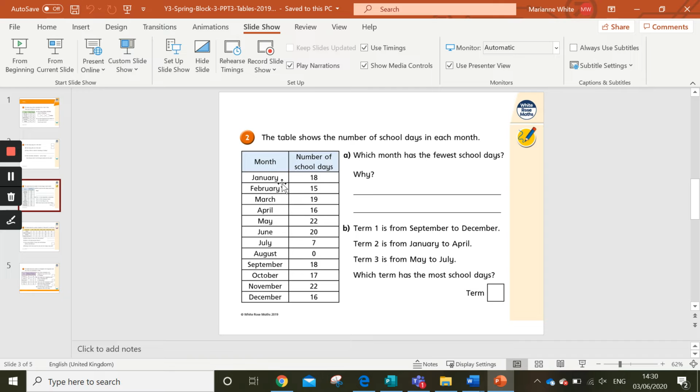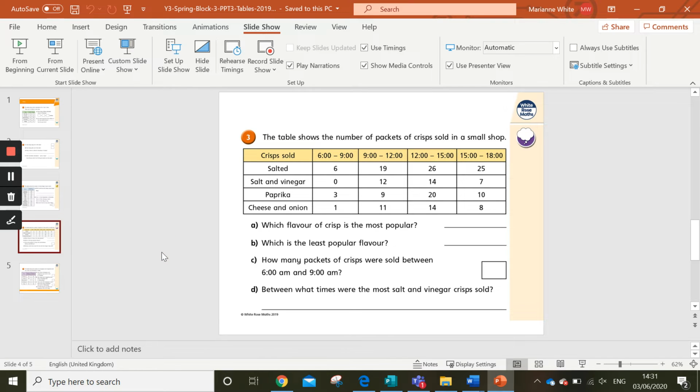So term 2 is from January all the way down to April. So you would need to add together these numbers. It might be helpful to write the answer to each question here, and then you'll be able to see which term has the most school days. Don't forget to show your working out or do it on a scrap piece of paper.